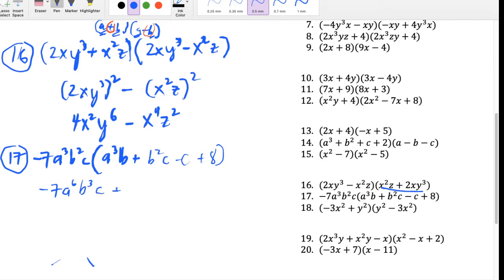Okay, plus negative times positive, negative ulit dito or minus, 7, a cubed, b raised to 2 plus 2, so that's 4, c raised to 1 plus 1 or 2.